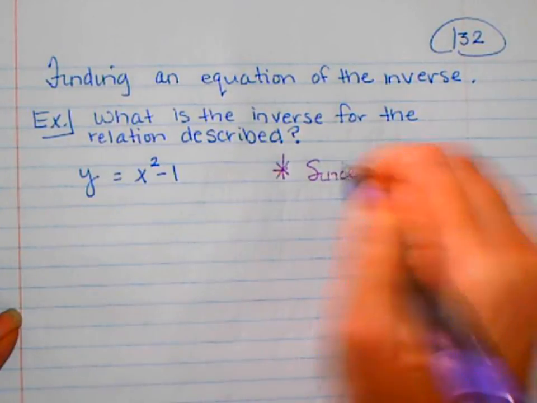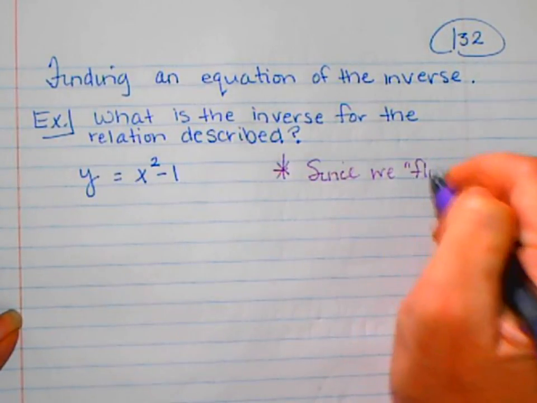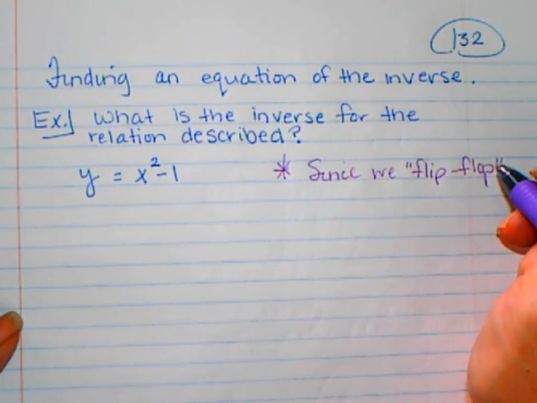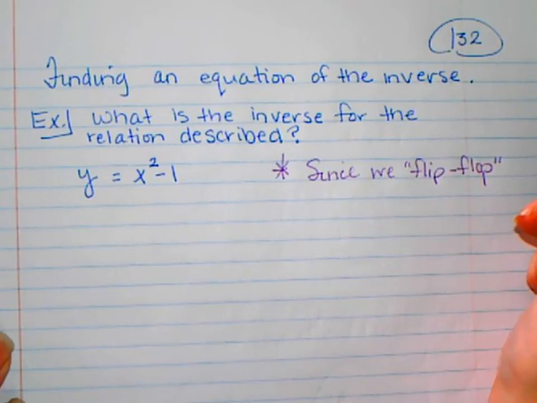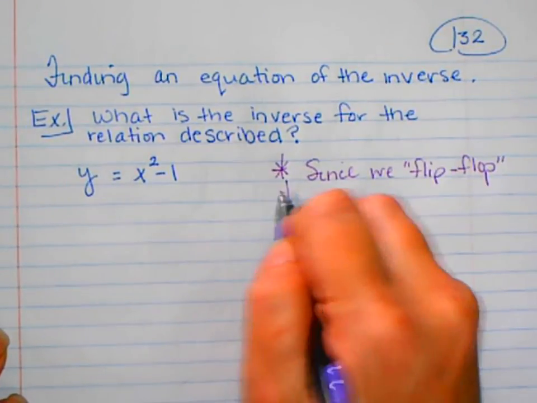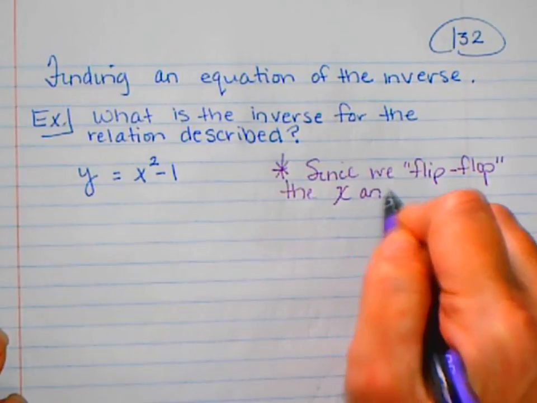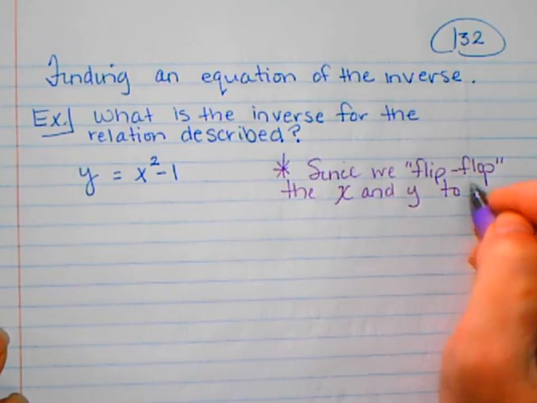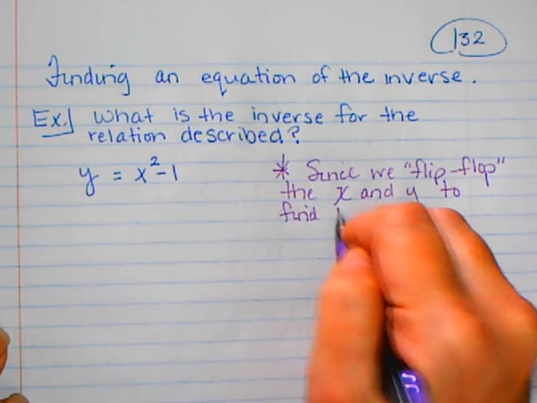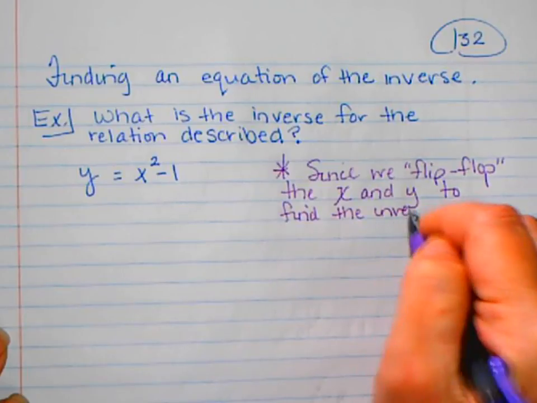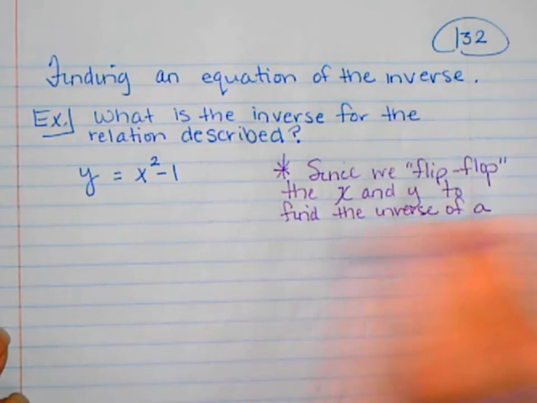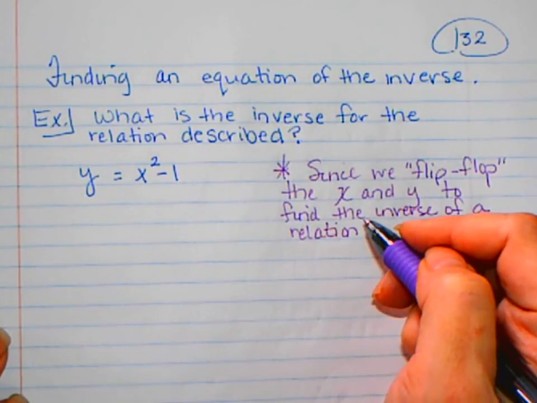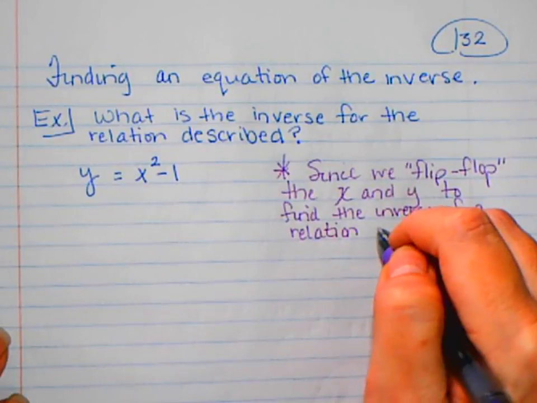Since we flip-flop, and I'm putting that in quotation marks because flip-flop's not exactly a true math word, since we flip-flop the x and y to find the inverse of a relation, we will do the same thing to find the inverse of an equation.